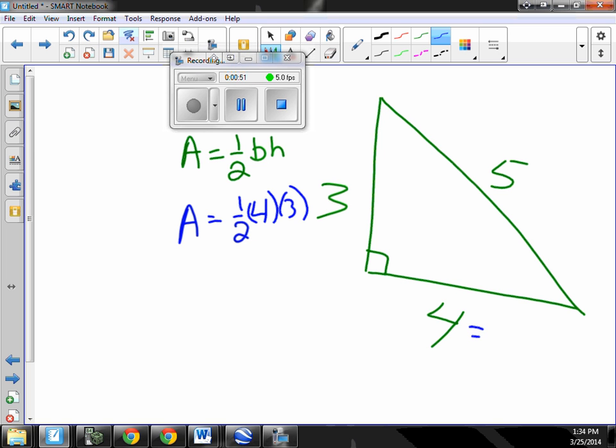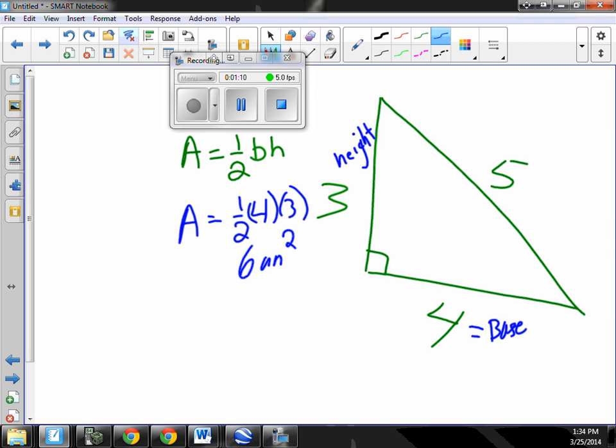So you're saying this is the base and this is the height. Everybody agrees? So 1/2 times 4 is 2 times 3 would be 6 units squared, whatever units you're using.